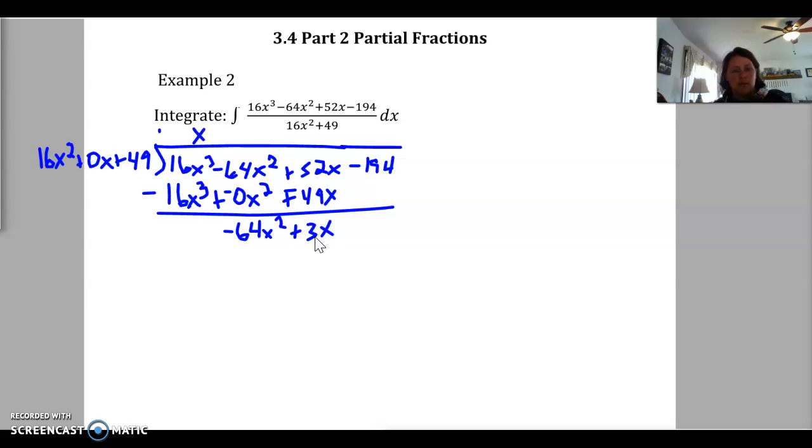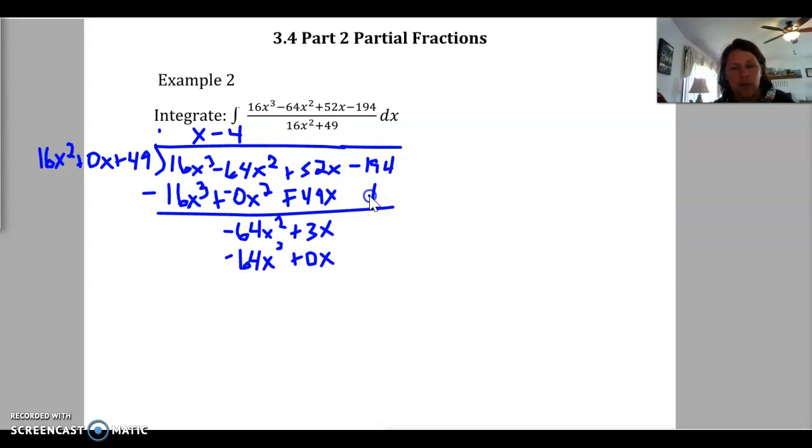Okay, so now what do we multiply to 16 to get negative 64? And what's that going to be? Negative 4. So a minus 4 here. So negative 4 times 16 is going to be negative 64x squared plus 0x.